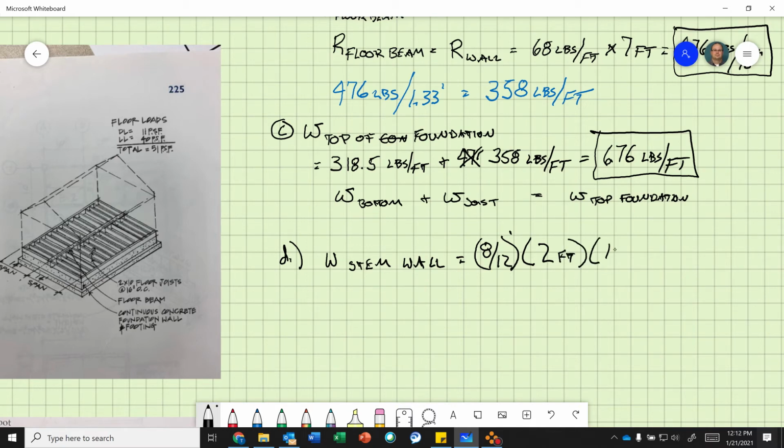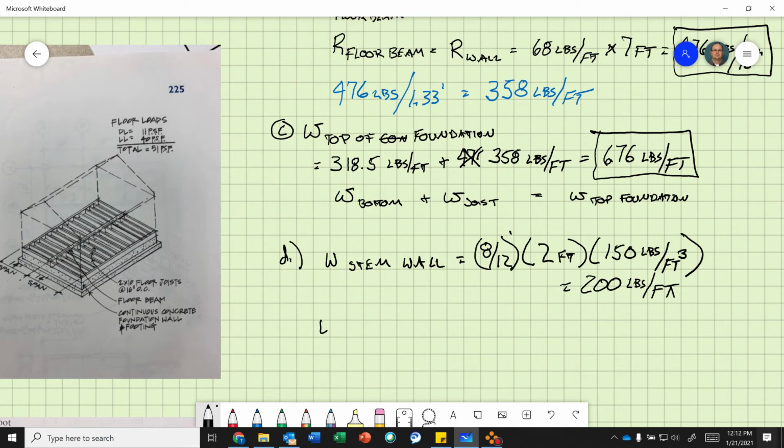And concrete weighs, the unit weight is pounds per cubic foot. That's reinforced concrete. So feet times feet, I'm left with pounds per foot, and that's what we need. Okay, so 8 divided by 12 times 2 times 150, and I get 200 pounds per foot.